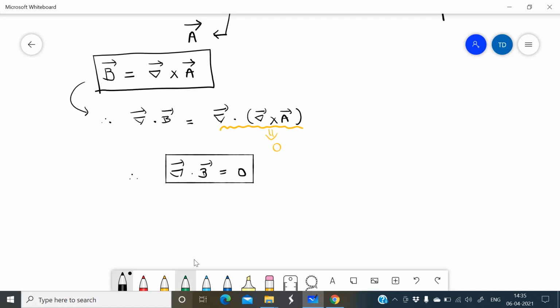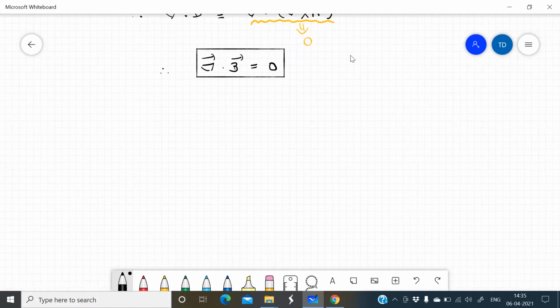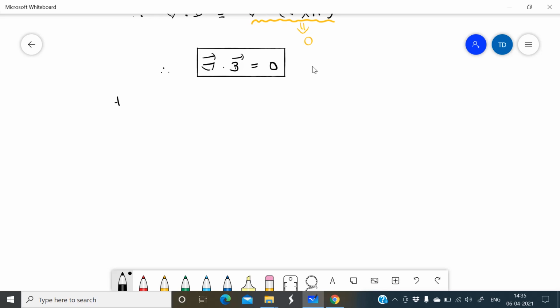Now we know that the scalar electric potential VE due to a point charge is equal to Q upon 4 pi epsilon 0 R. If the charge is a differential charge, we can write its integration dq upon 4 pi epsilon 0 r.